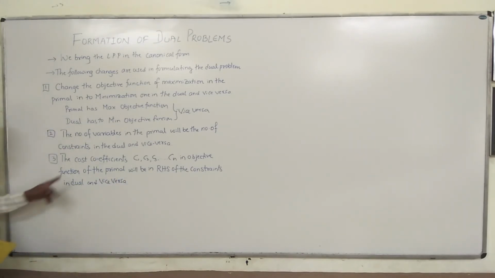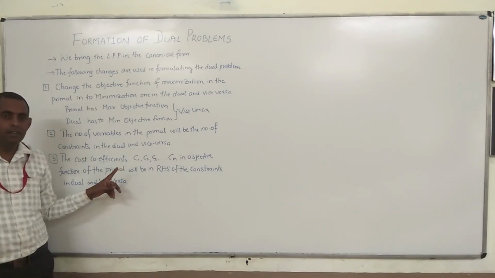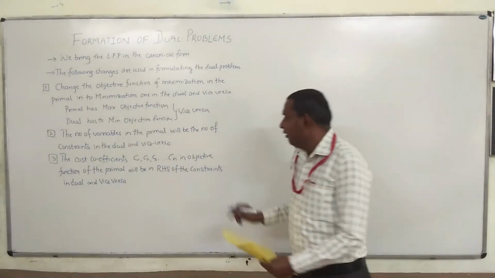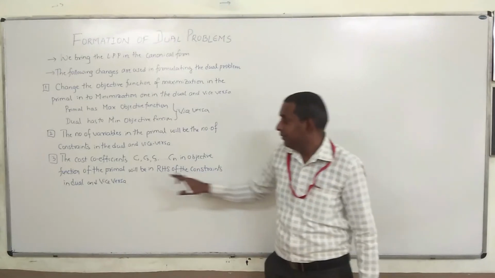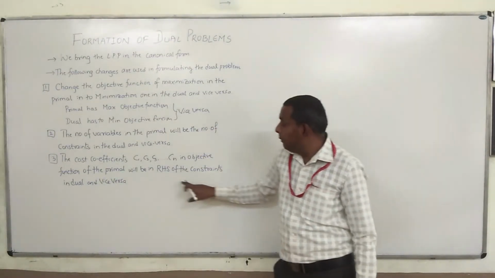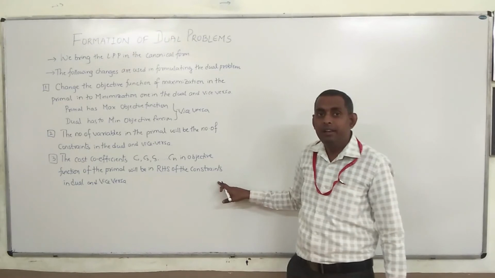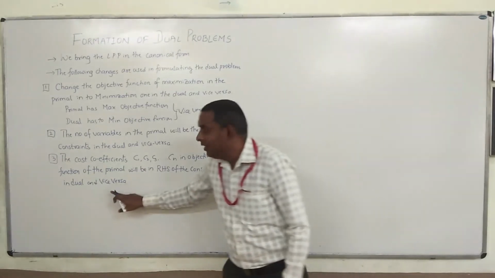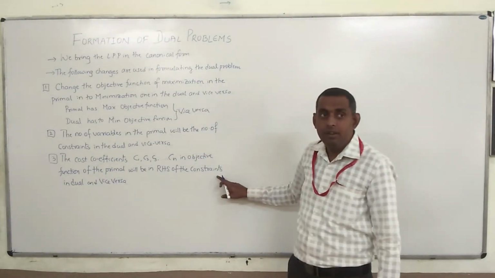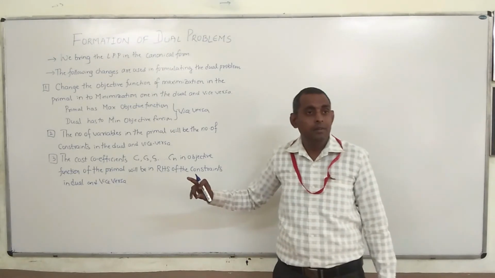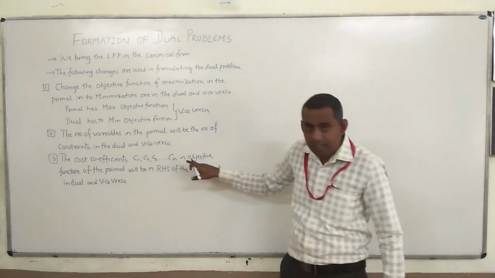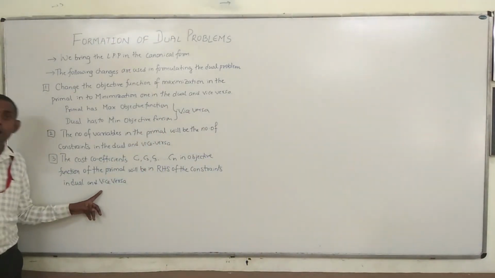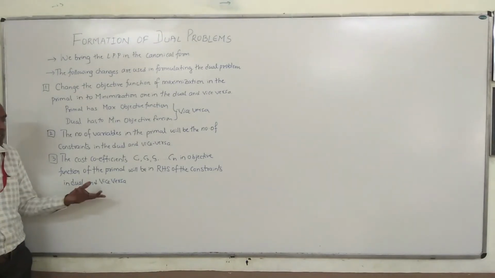What happens here? The cost coefficients Cj in the objective function of the primal will be the right hand side of the constraints, and the right hand side of the constraints will become the cost coefficients of the primal. That is vice versa.